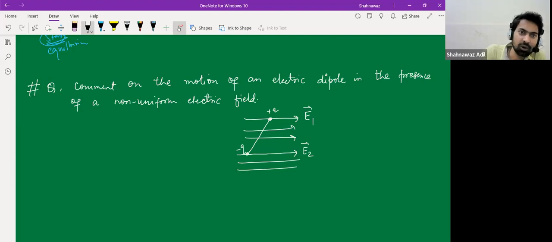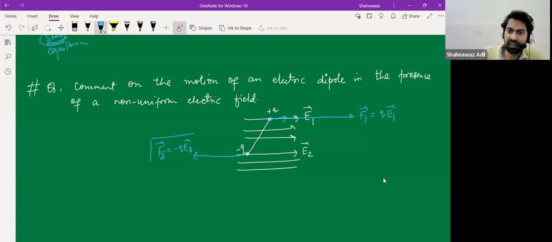So this force would be F1, which is QE1. And at this point, the force would be in which direction? In the left direction, right, guys? So this would be F2, which is minus QE2.